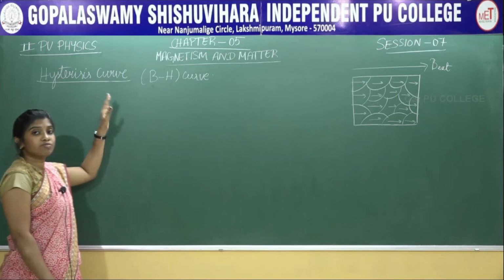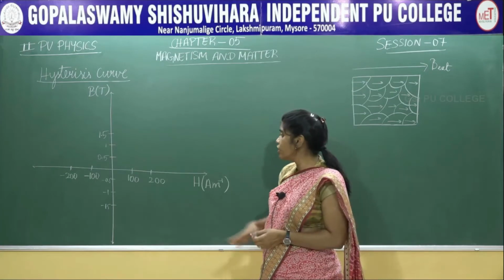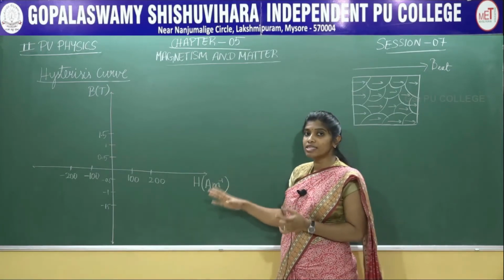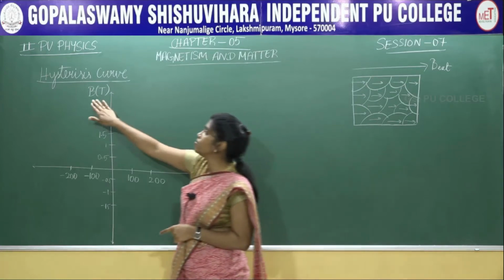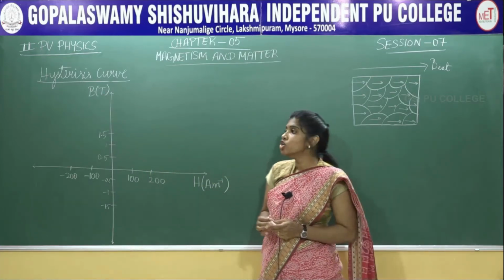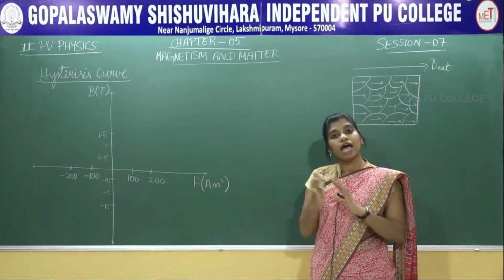Now let us proceed. We are going to see the relation between the magnetic intensity H and the magnetic field B. Initially I consider a ferromagnetic material which is unmagnetized.